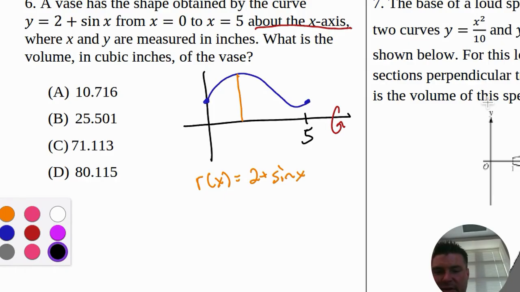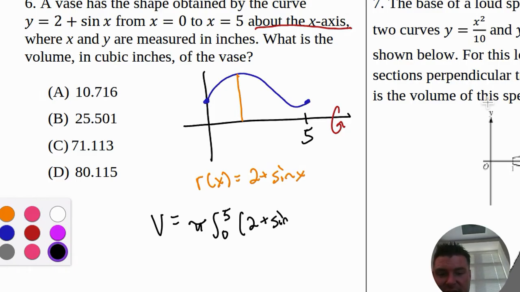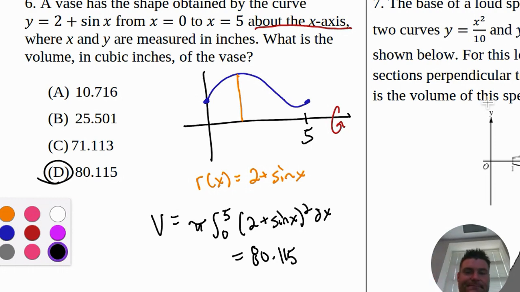My volume here is pi times the integral from 0 to 5 of my r of x, which is 2 plus sine of x, all squared dx. That's it. From there, you type that in your calculator, and I got 80.115. Another answer of D. Go figure.